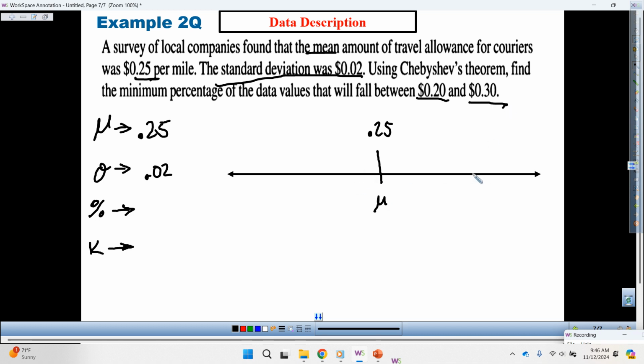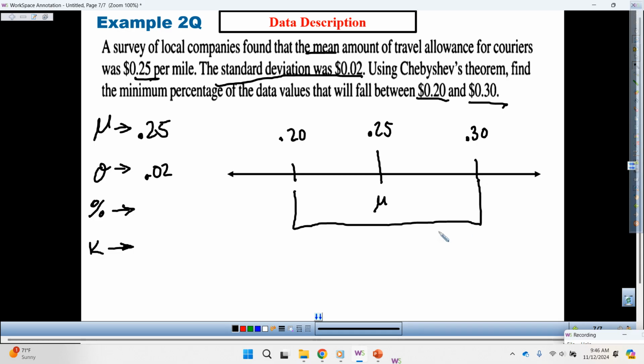So I'm going to go over here to 0.30, and over here to 0.20. So we want to find out what this percent is, what that percent is.